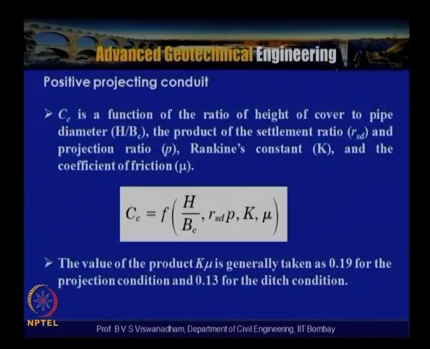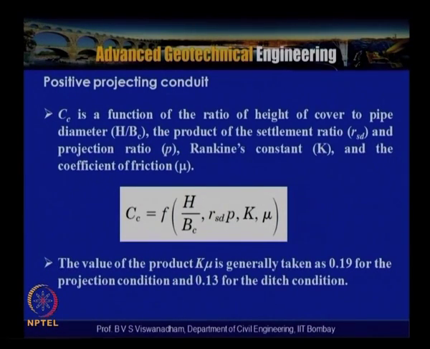Now, this Cc basically is a function of the ratio of the height of the cover to the pipe diameter, H by Bc, and the product of the settlement ratio gamma Sd and the projection ratio P, that is gamma Sd P. K is nothing but the Rankine constant and mu is nothing but the coefficient of friction.